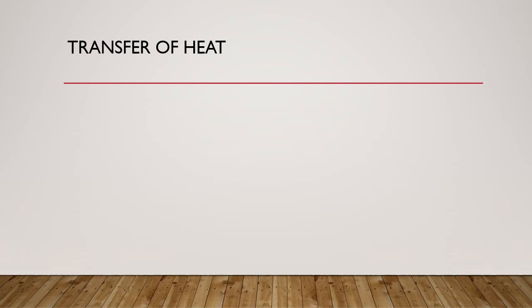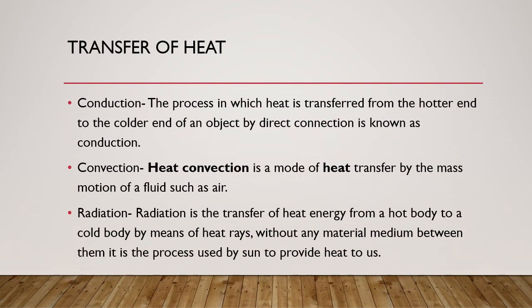Now we are going to study the definitions of the three modes of transfer of heat. The first one is conduction: the process in which heat is transferred from the hotter end to the colder end of an object by direct connection is known as conduction.